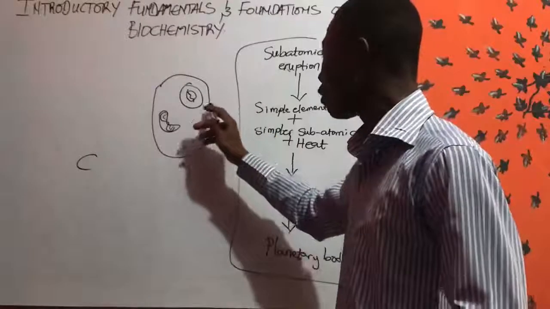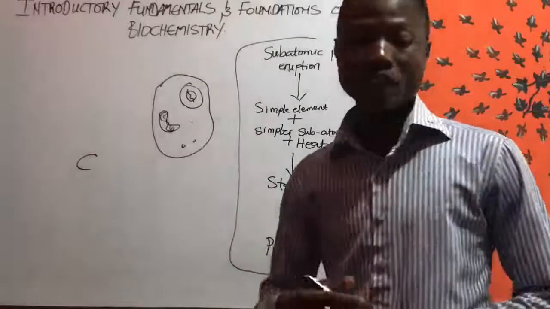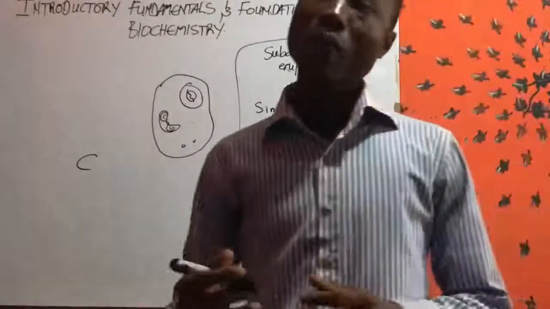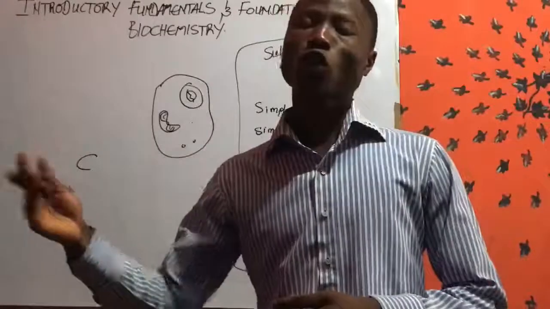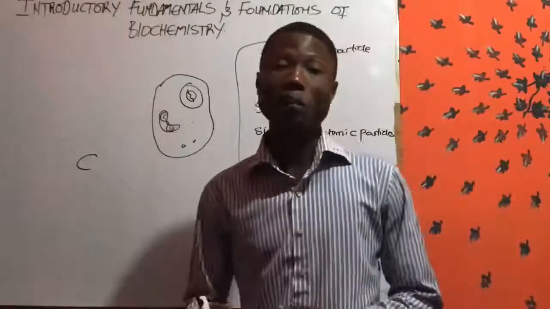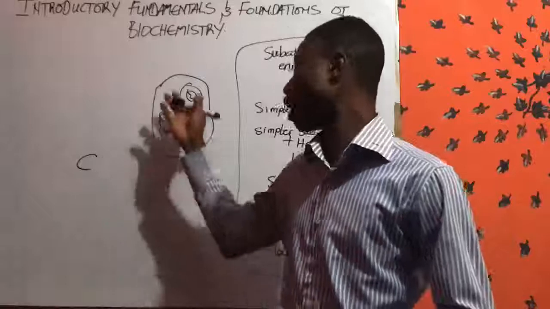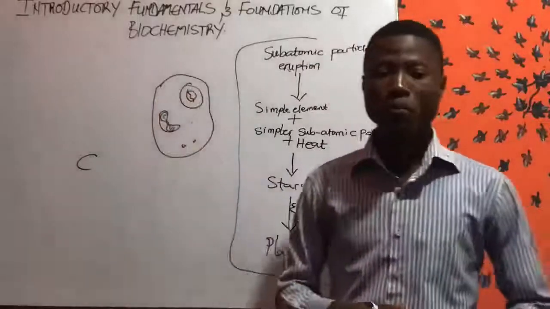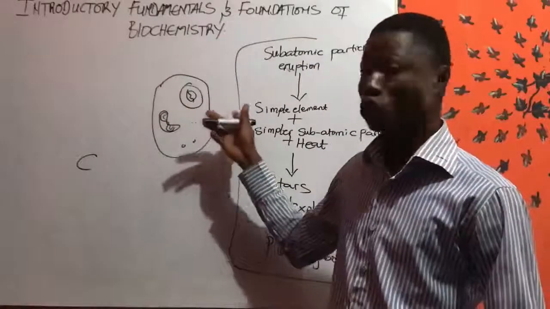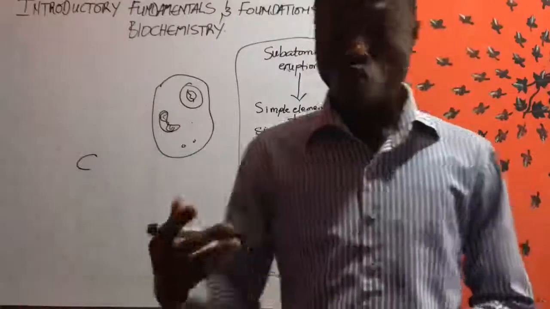Your plasma membrane is formed as a result of conjugation of lipid and protein. Sometimes you also find carbohydrates on your plasma membrane. So it just regulates what comes in and what goes out.